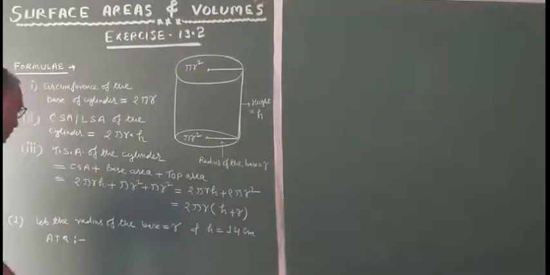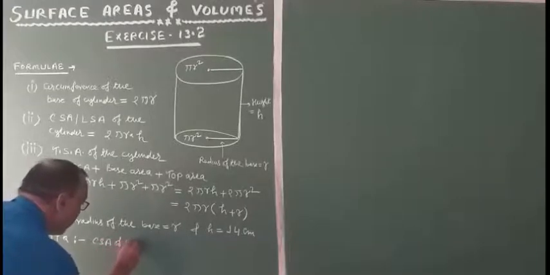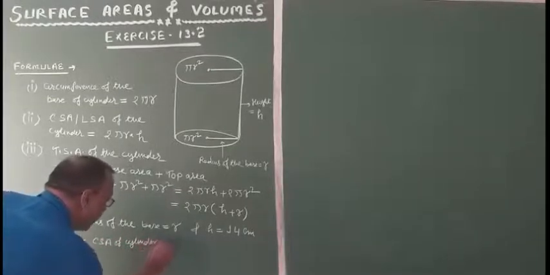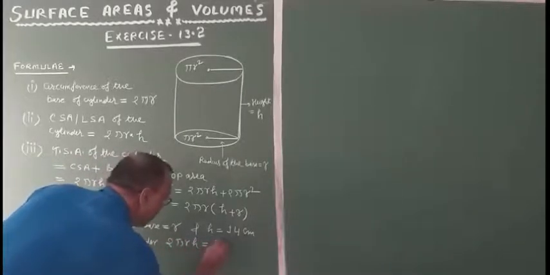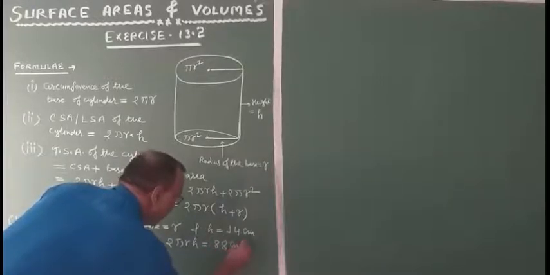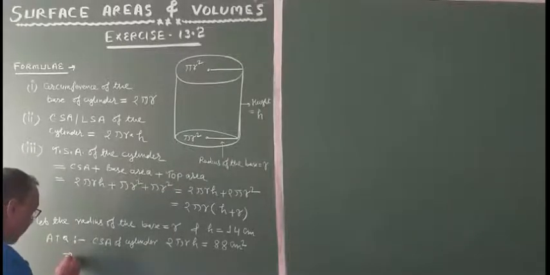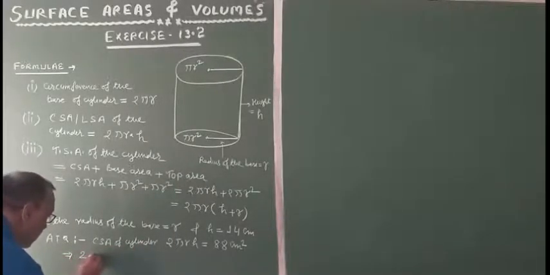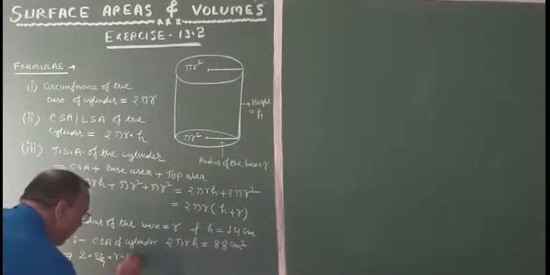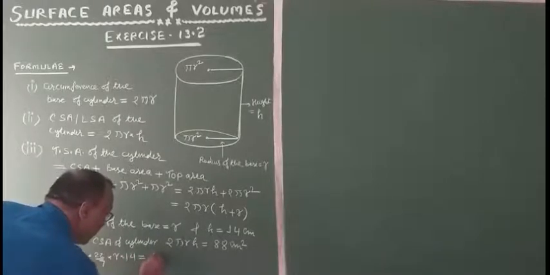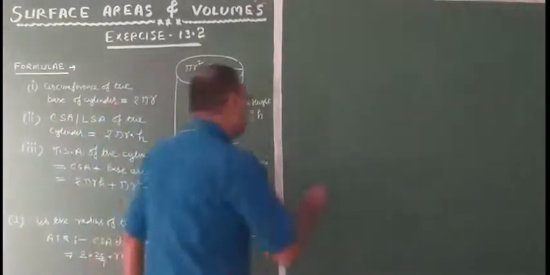According to the question, CSA of the cylinder, that is 2 pi r h, is given as 88 centimeter square. We can put the value. This 2 pi can be written as 22 upon 7, r is there and 14 is there. This is 88 centimeter square. Now we can find the value of r.